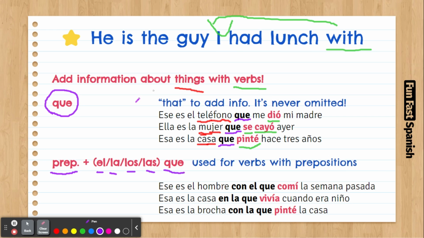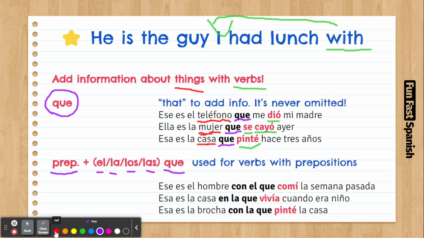So before here, it was just the word que alone, right? But in this case, if we're going to put a preposition, we're going to put the preposition first, then the article, and then the word que. So it sounds crazy, but it is the way it is. Let's have a look at these examples.